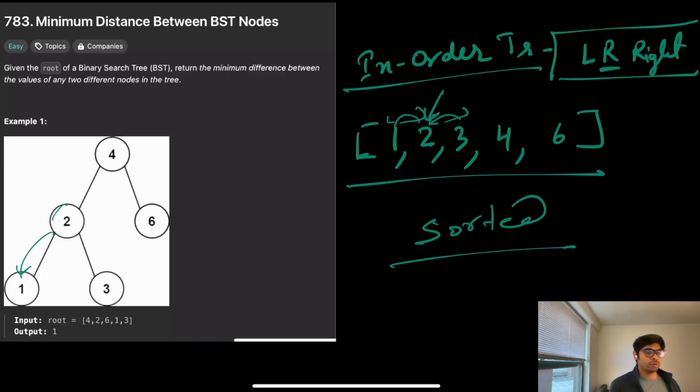Because they're sorted, you don't want to compare 1 to 4, you're not going to compare 2 to 6, you're not going to compare 1 to 6. You're going to compare the pairs that are next to each other. They will give you the minimum difference. That's what the math says. Okay, so let's go and implement this. Really simple problem.